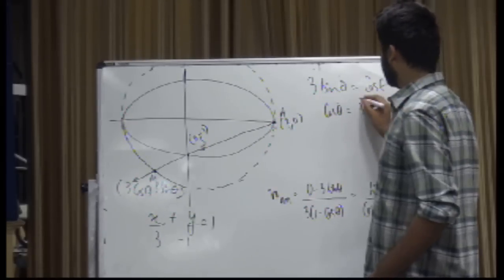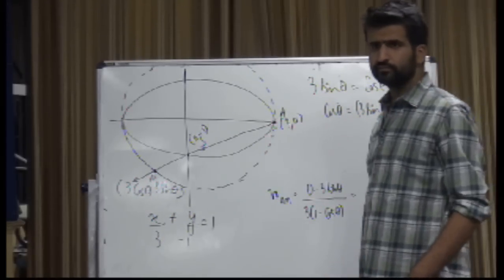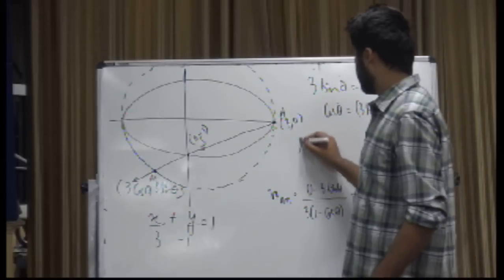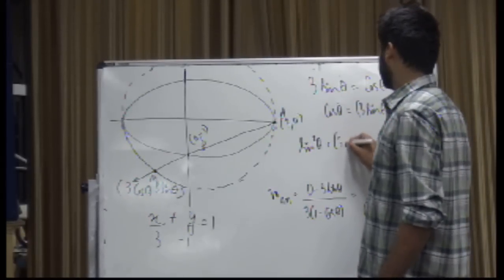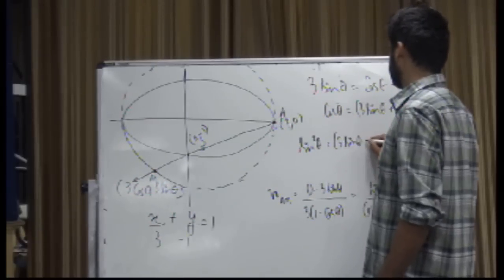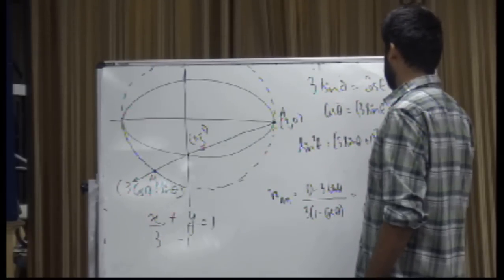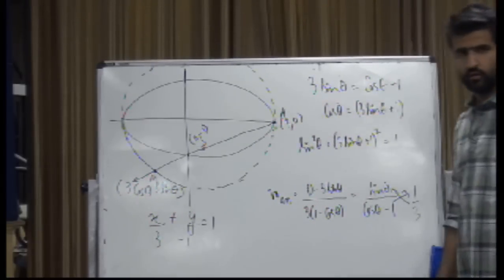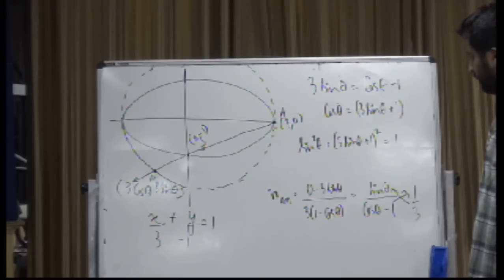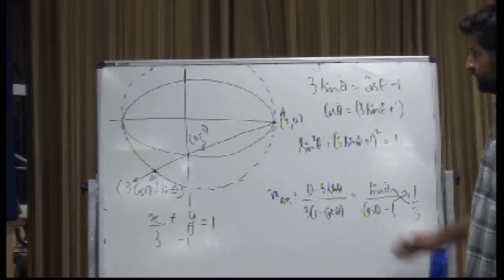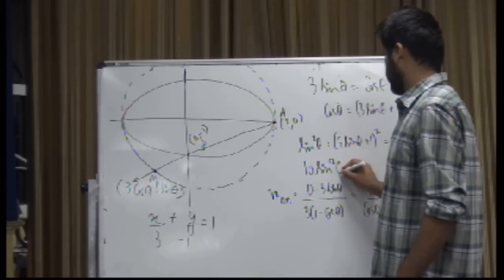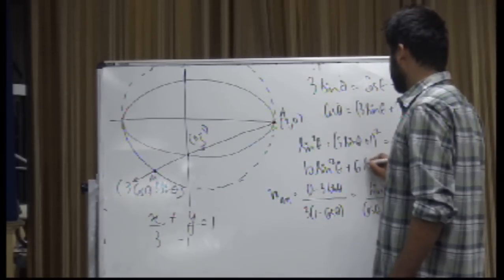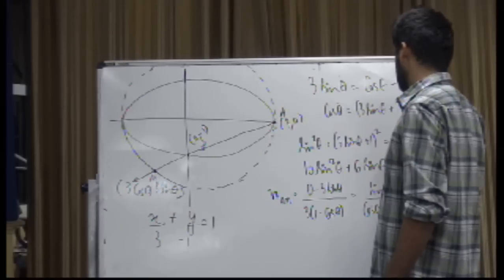And we know that sin square theta plus cos square theta is equal to 1. Right? So sin square theta plus (3 sin theta plus 1) square is equal to 1. Okay. Open the brackets. You will get 10 sin square theta plus 6 sin theta is equal to 0.